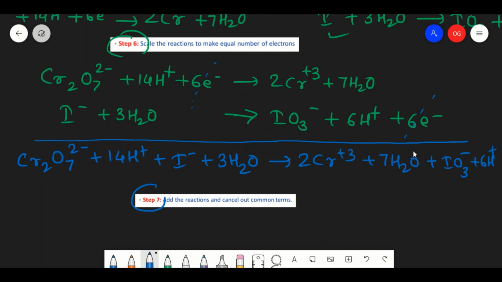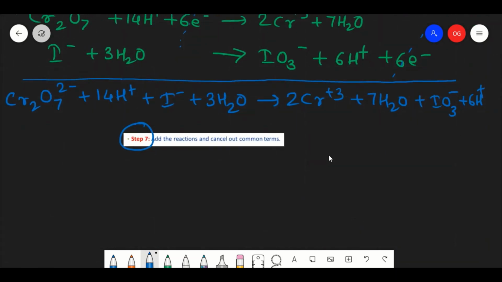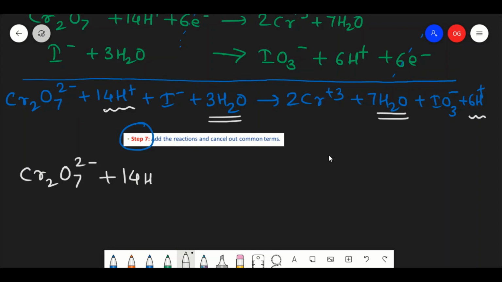The last step is to add the reactions and cancel out common terms. Under common terms we have this water over here, so that can be cancelled out. So the final equation then becomes: see, 14H+ here and 6H+ here, so that 6 can be cancelled out.